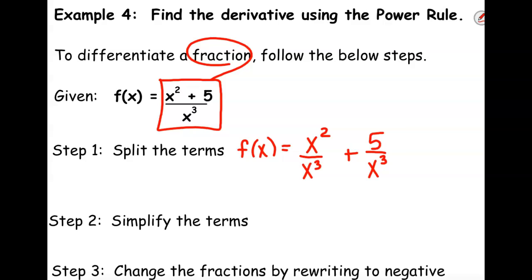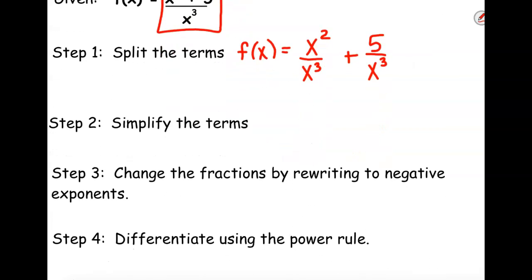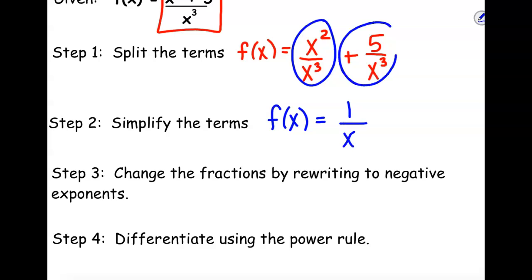Then you want to simplify those terms in step 2. If we look at this first fraction, you can reduce by a common factor of x squared. So that will become f of x equals 1 over x. This fraction, there isn't anything to simplify, so it's still plus 5 over x cubed.